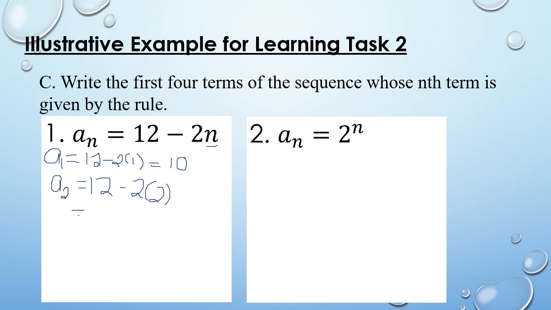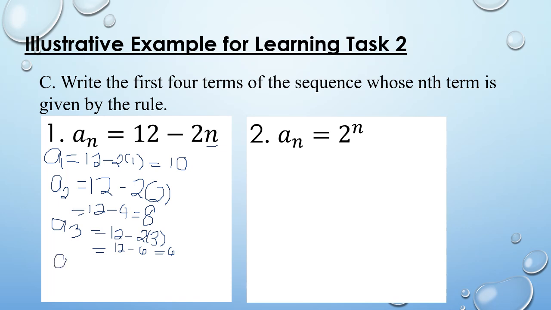So we have 12 minus 2 times 2 is 4. So 12 minus 4 is 8. So a sub 3 is 12 minus 2 times 3. 12 minus 2 times 3 is 6. So our answer is 6.